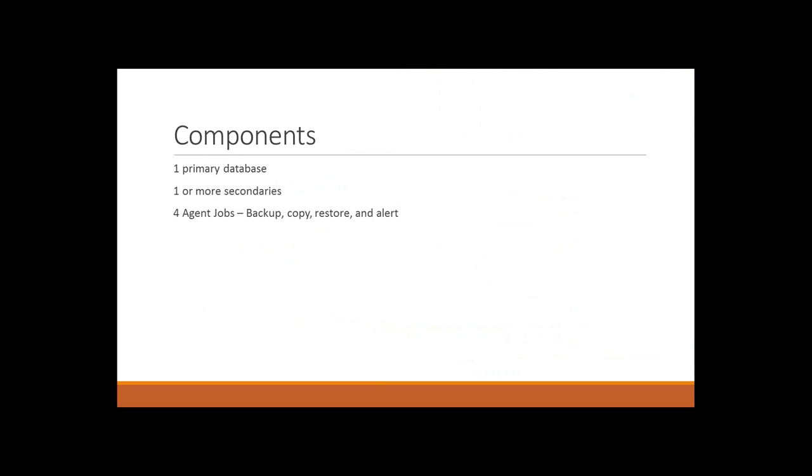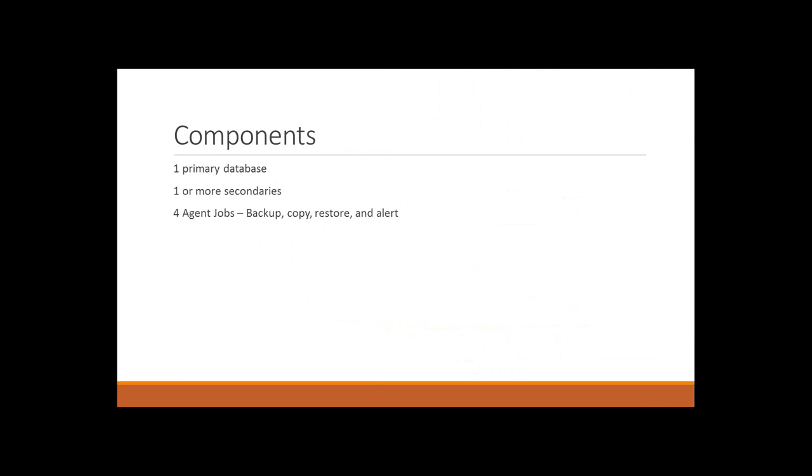You'll have on the primary a backup and an alert job. The backup's obvious, but the alert job is going to tell you if a backup hasn't been taken in X amount of time. Then on your secondary, you're going to have copy and restore jobs and an alert job. The copy job's focus is to actually pull the log files local.